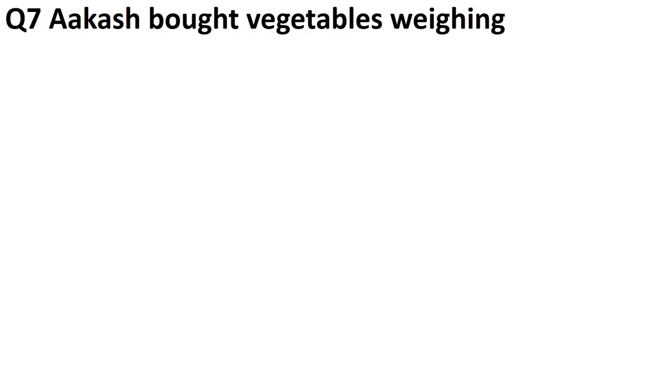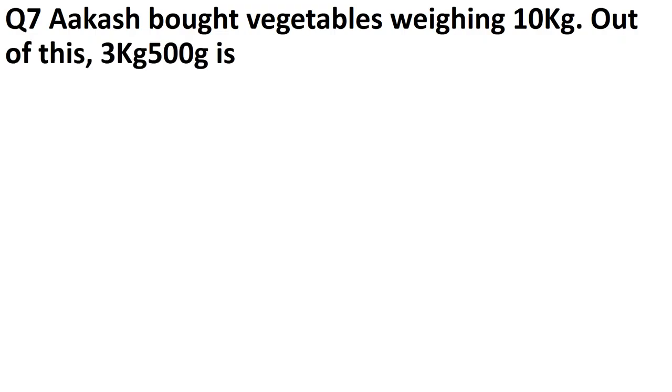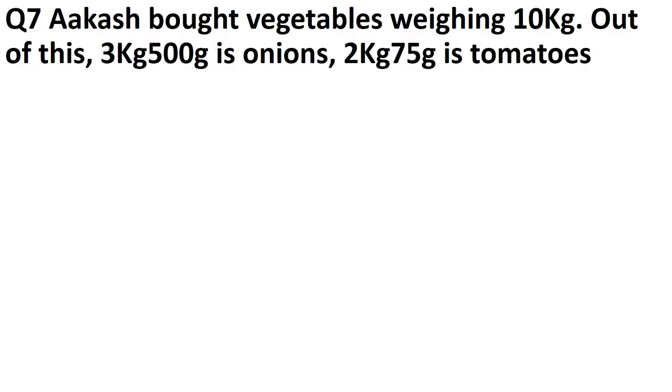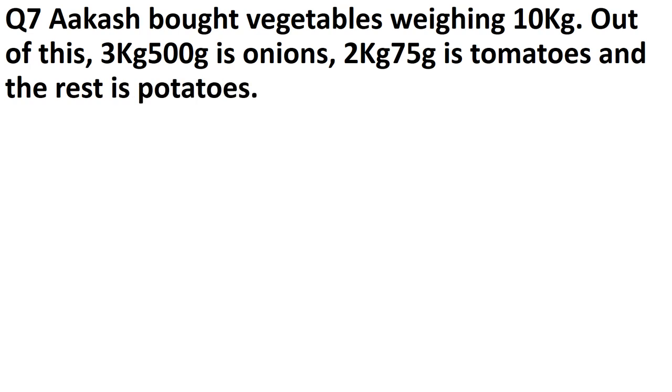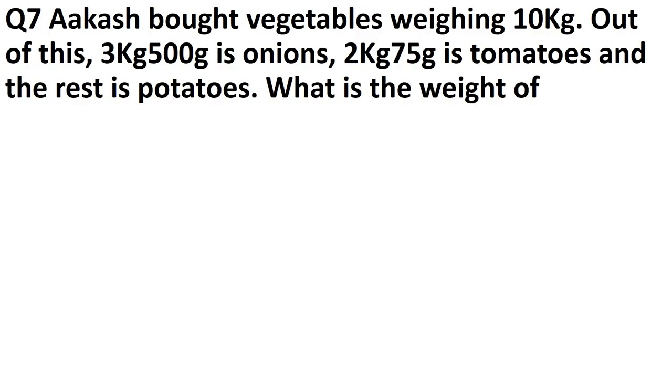Now this is the statement sum. See one statement sum. This is question number 7 of your exercise 8.6. Akash bought vegetables weighing 10 kg. Out of this, 3 kilogram 500 gram is onion, 2 kilogram 75 gram is tomatoes and the rest are potatoes.